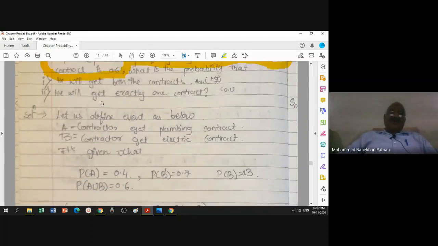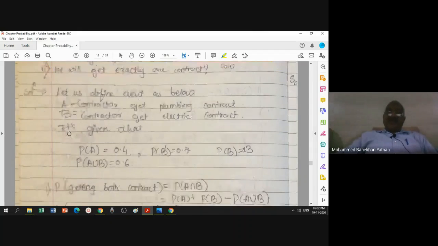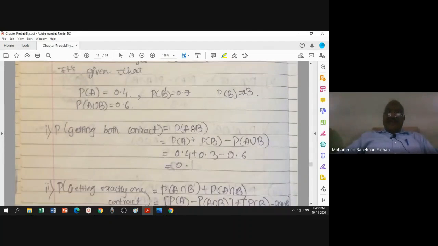What is bit 1? He will get both the contracts. That means the person will get contract A and B. Both means A and B. So when you want to write and, use intersection.